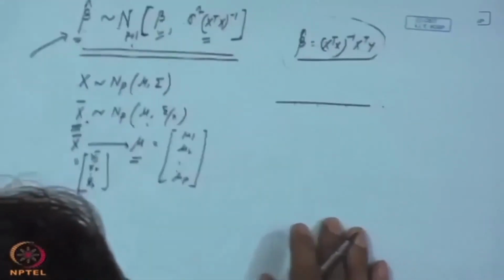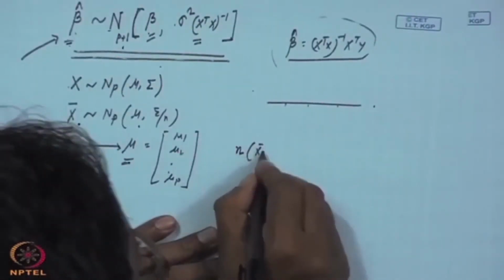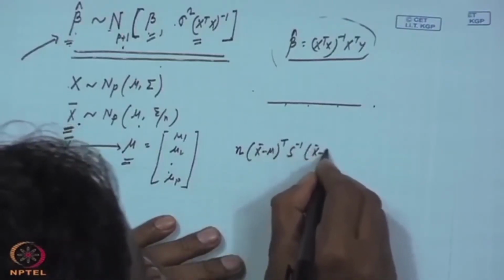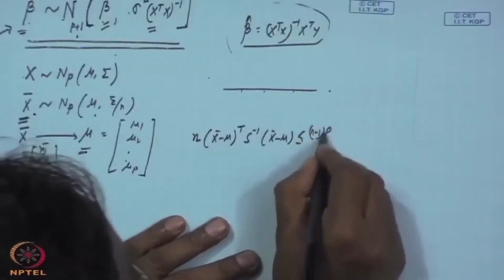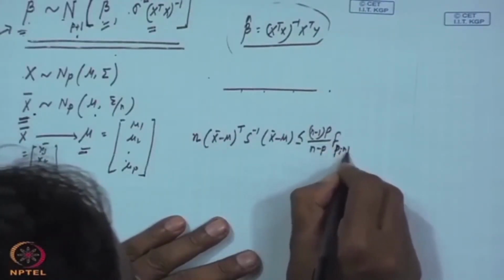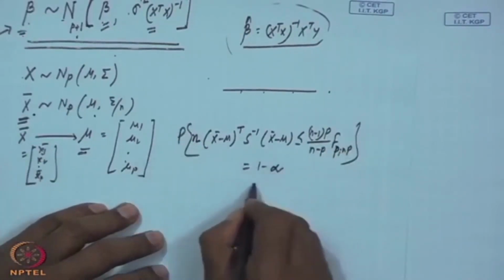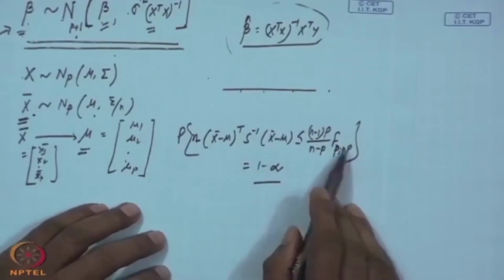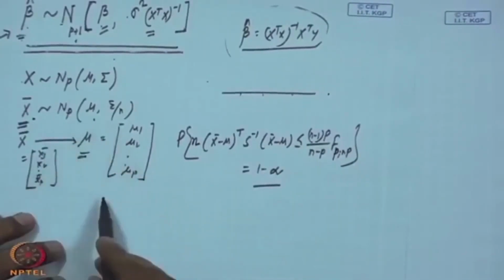If you remember, we found that n times x bar minus mu transpose S inverse x bar minus mu is less than or equal to n minus 1 p by n minus p F p, n minus p, and the probability of this is equal to 1 minus alpha. So, this is the confidence region we found with respect to the population mean vector.